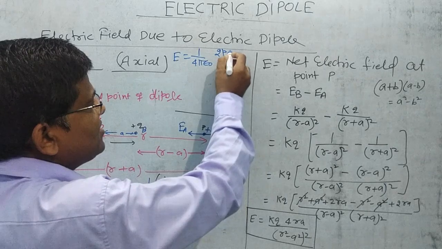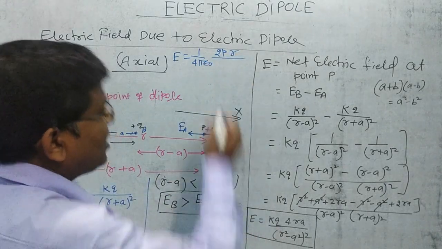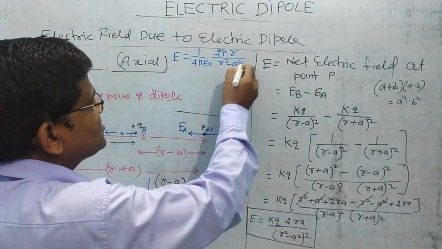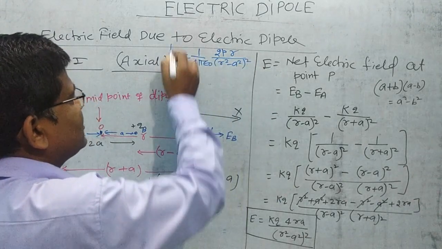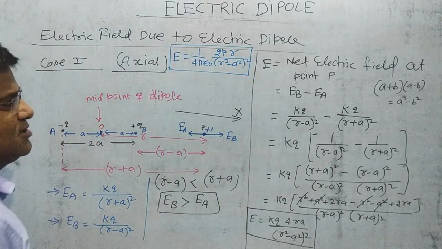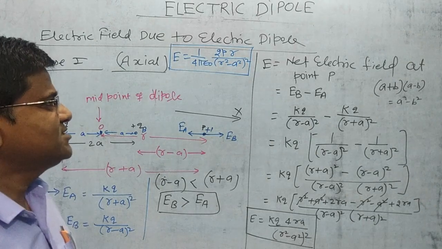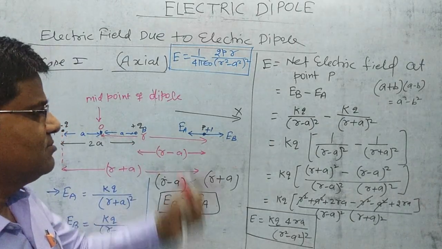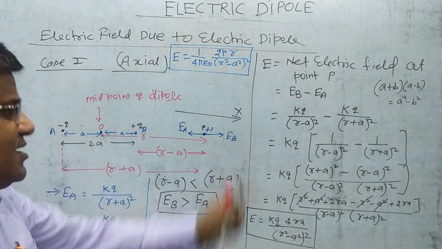So the electric field is 1 by 4 pi epsilon naught, 2PR upon (R square minus A square) to the power whole square. This is the correct format of the electric field due to an electric dipole in the axial case.